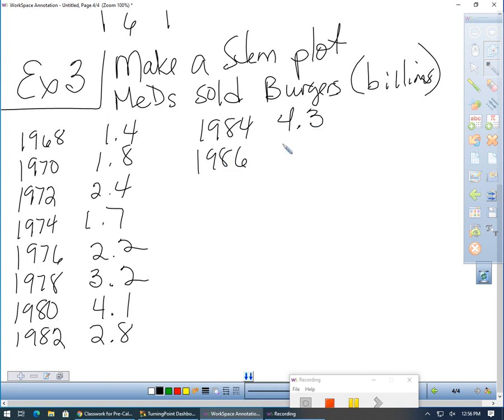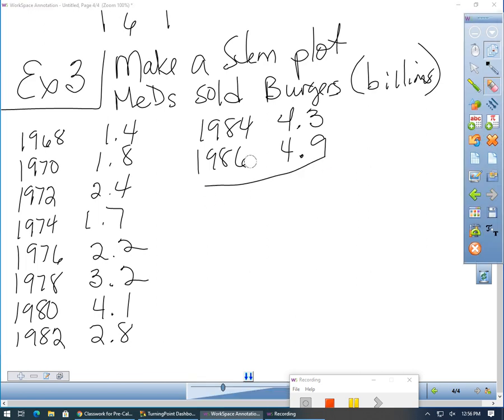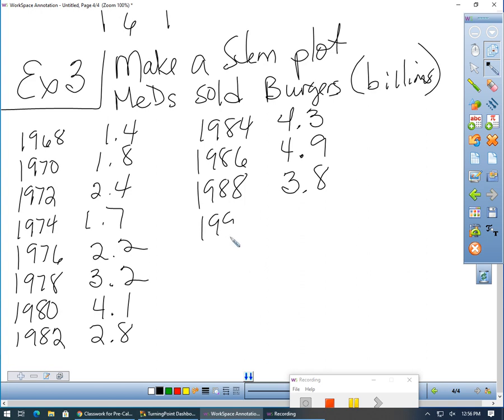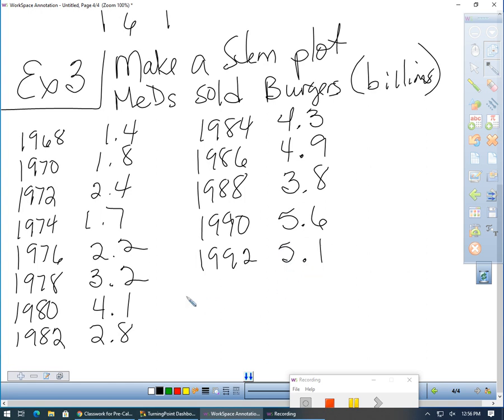1986, 4.9 billion. 1988, it goes back down to 3.8 billion. 1990, let's say our data is 5.6. 1992, I'll just do a couple more, 5.1. 1994, 7.9.